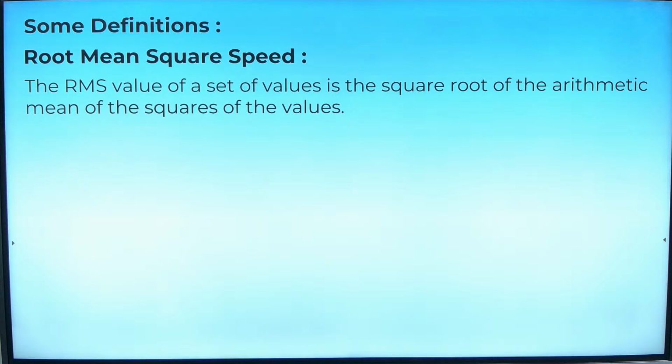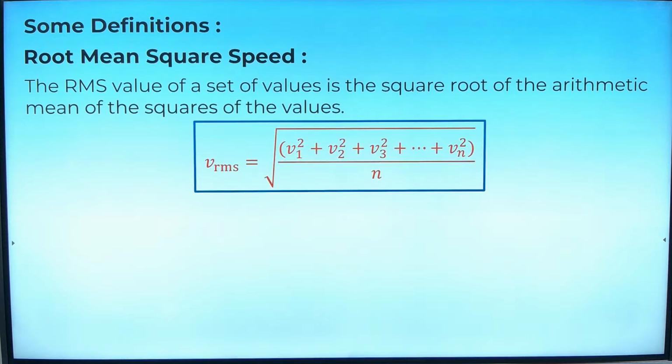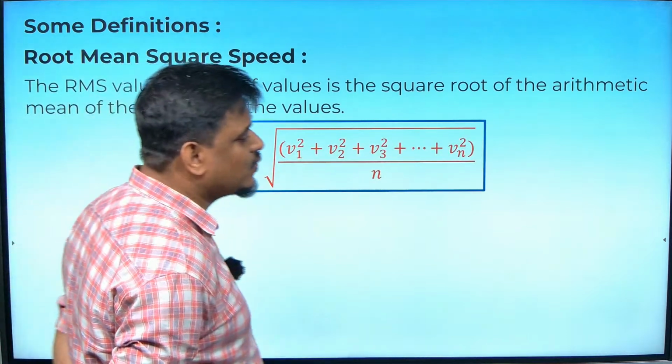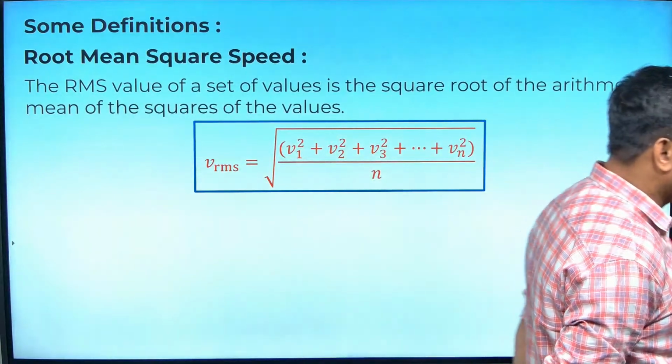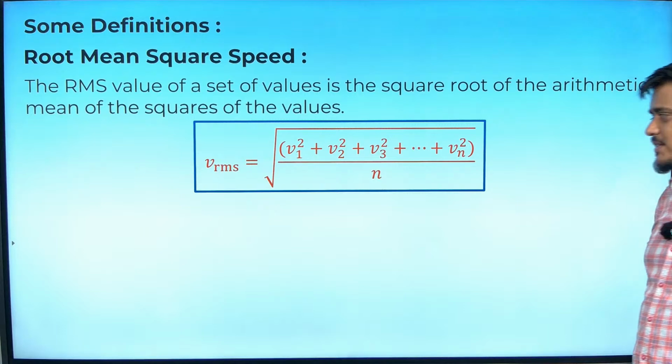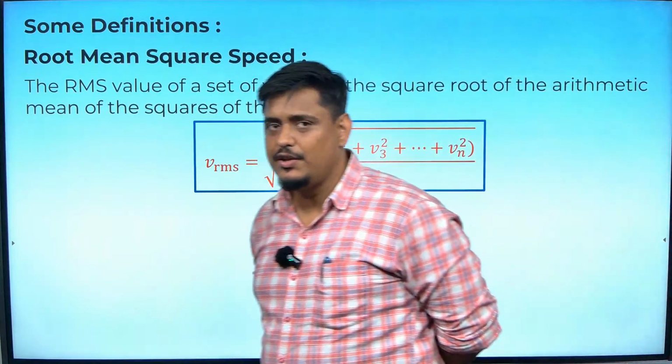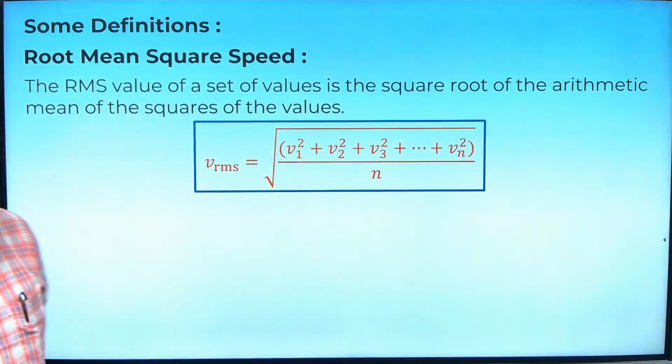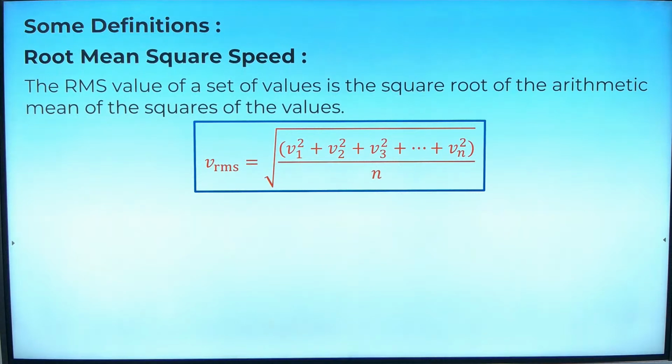As the name says, root mean square. So RMS value of a set of values is the square root of the arithmetic mean of the squares of the values. They have defined what is the meaning of RMS. So in the case of velocity, if you take the root of square mean, that is v1 square plus v2 square plus v3 square plus vn square by n, you are going to get the RMS velocity of the gas. Remember this.